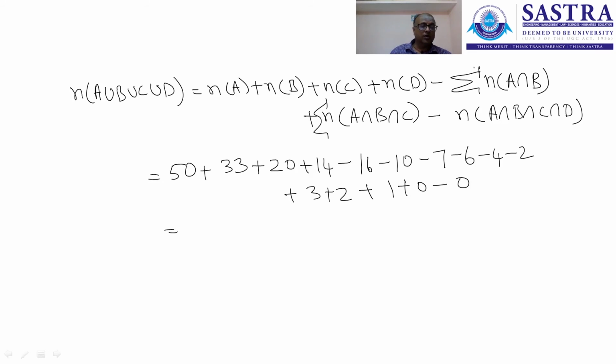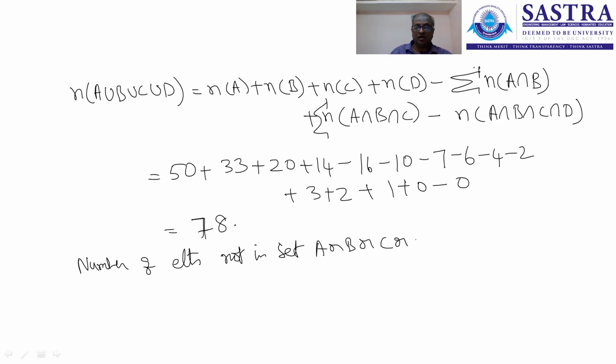Okay, so now when I simplify this, I will have the number to be 78. So here the number of elements not in set A or B or C or D is 100 minus 78, which is equal to 22.